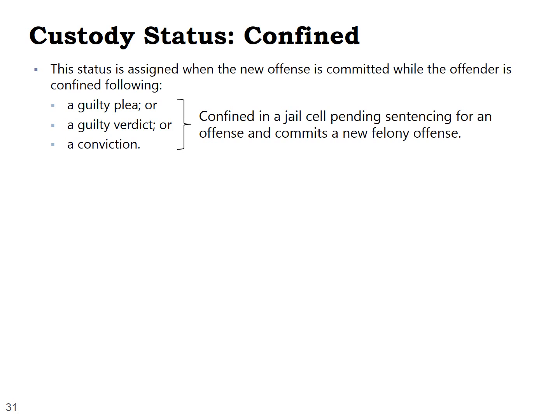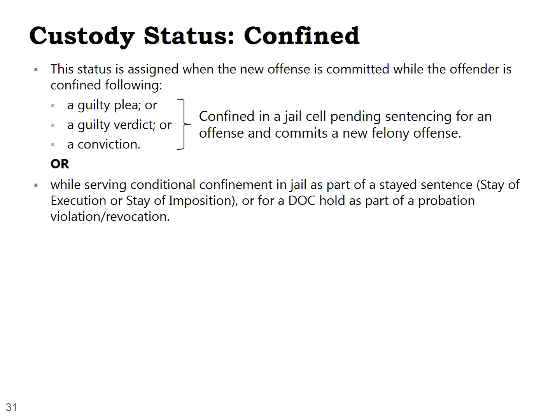Once they get back to jail, they contact the victim that they're not supposed to have any contact with, thus committing a new violation of a no contact order, which will now give them a felony level offense. When the worksheet is completed on the new felony violation of no contact order, the custody status assigned will be confined, since they were in jail when the current offense was committed.